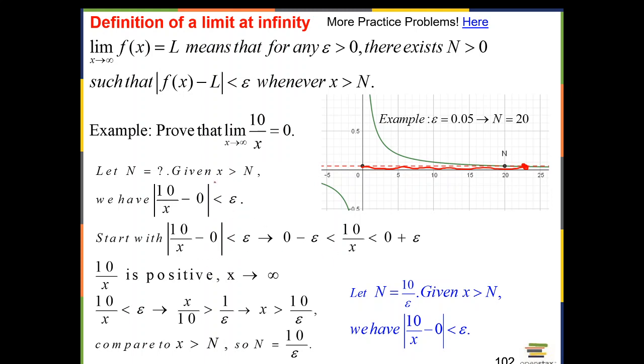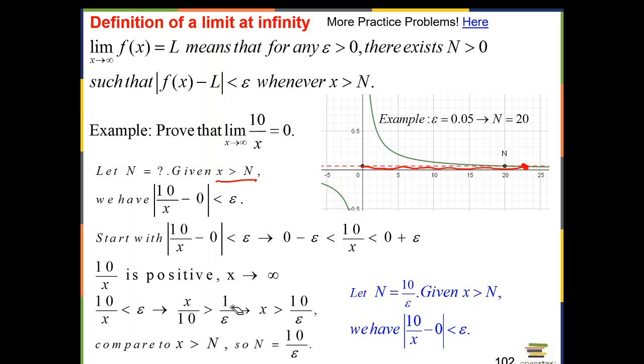And remember, we're trying to get this out of it. So this means that 10 over x is between epsilon and negative epsilon. But we know 10 over x is positive because x is approaching positive infinity. So that means 10 over x is less than epsilon. If you flip both sides, we can flip the inequality, right? They're both positive.